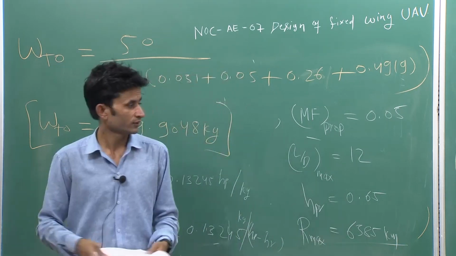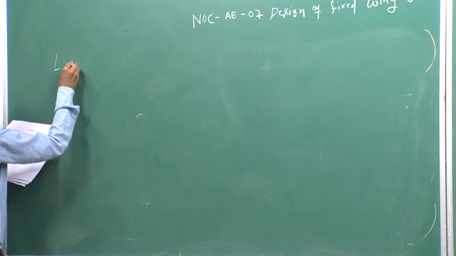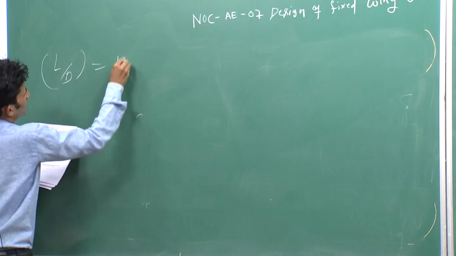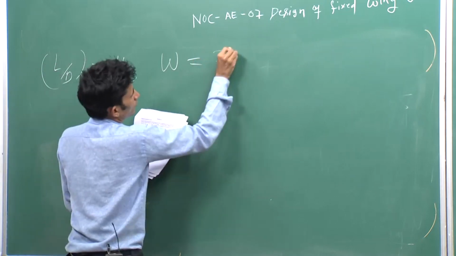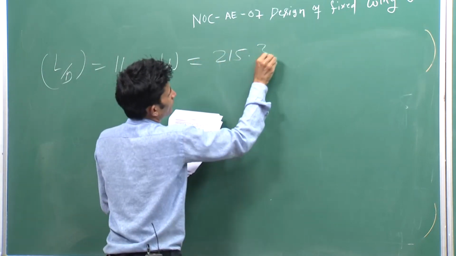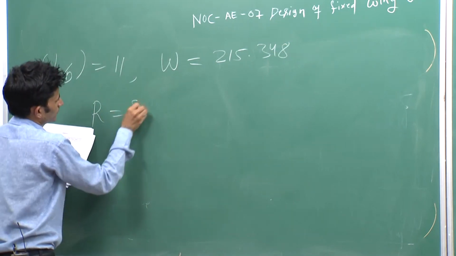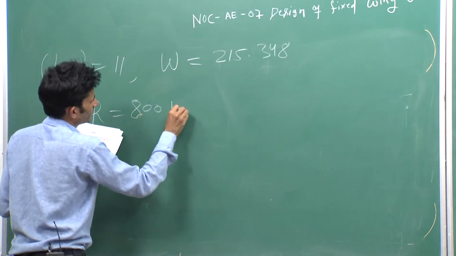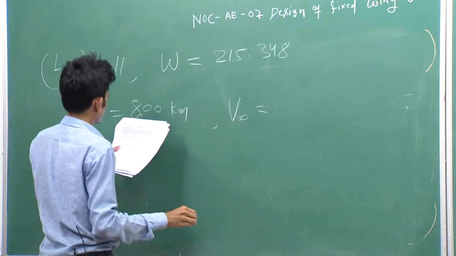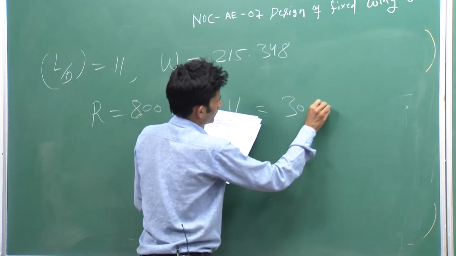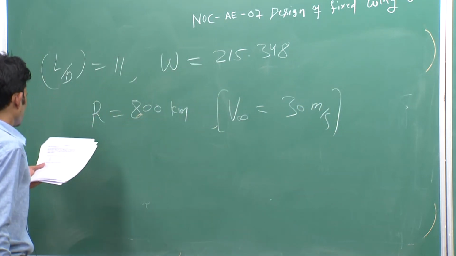Your L by D is 11, the weight of the UAV is 21548, range is 800 kilometer, and the speed at which the UAV is flying is given.